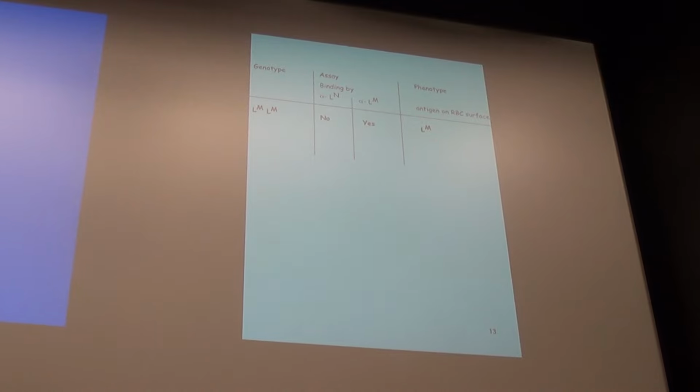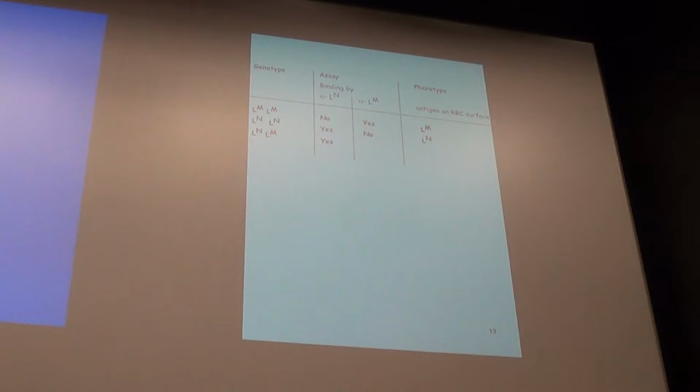Correct? If you are LN homozygous, the LN antibody will bind, the LM antibody will not bind, and you will conclude that this individual is producing red blood cells with the LN antigen.